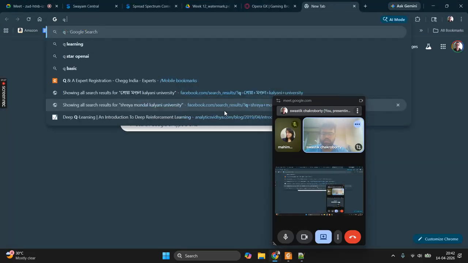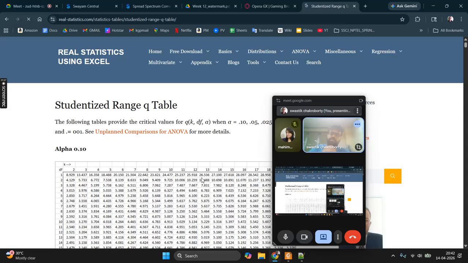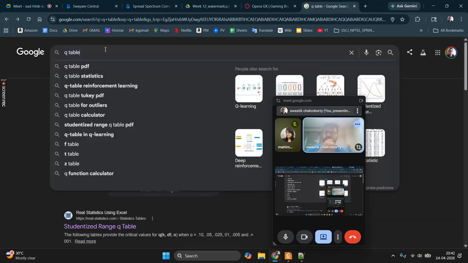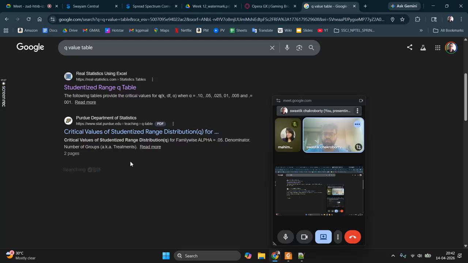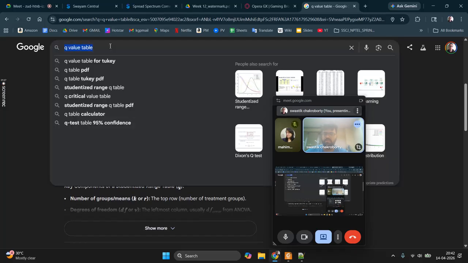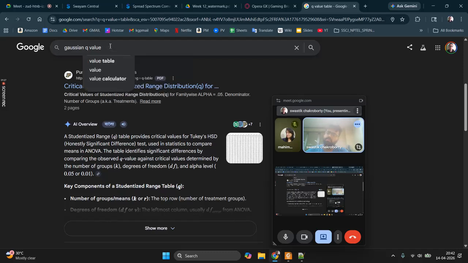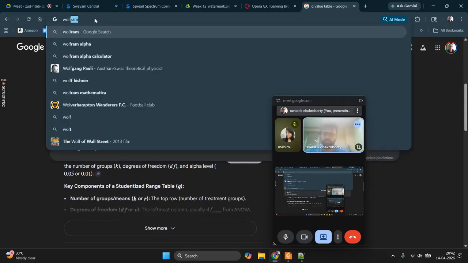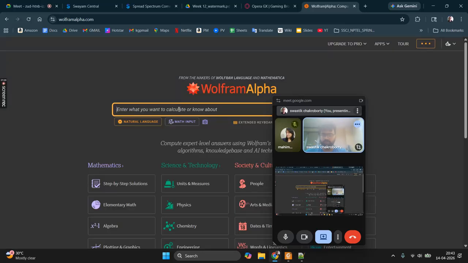So you go to the Q table. Let's solve Qx is equal to 0.01.